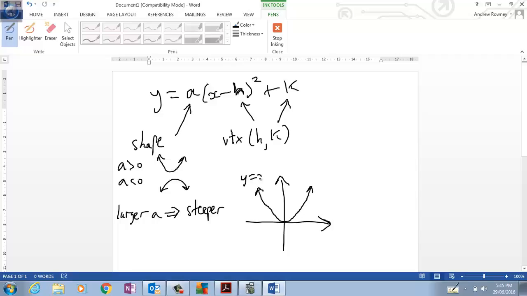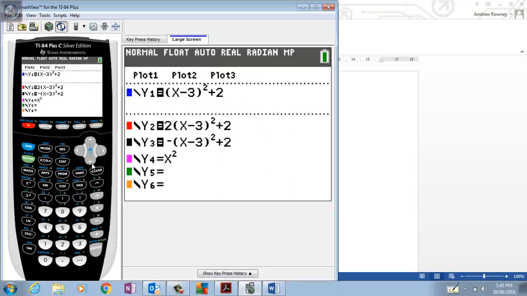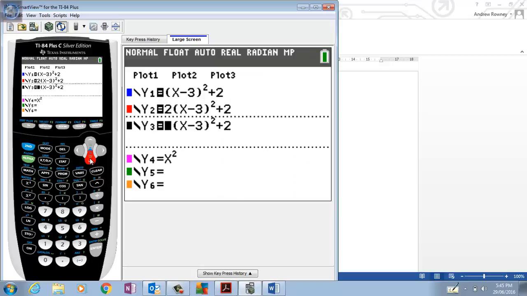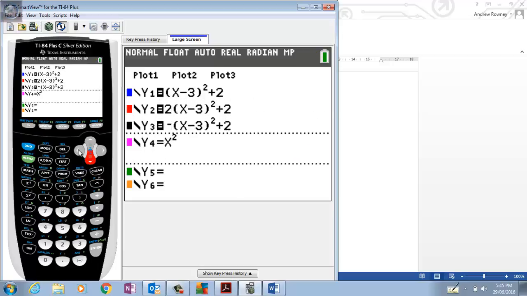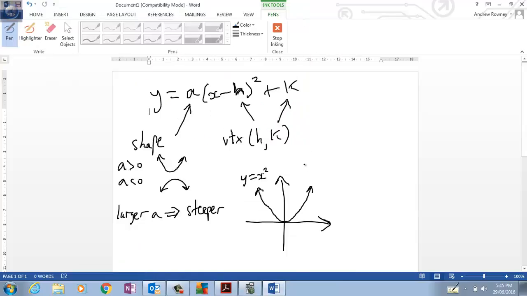I did that in class here; it was the fourth graph I did. So I'll highlight that one and press graph, and you can see y equals x squared goes through 0, 0. Now what we're going to do is transform this into this one over here.